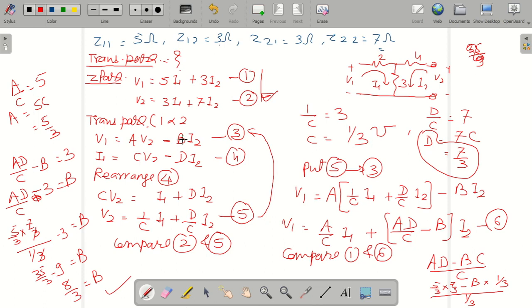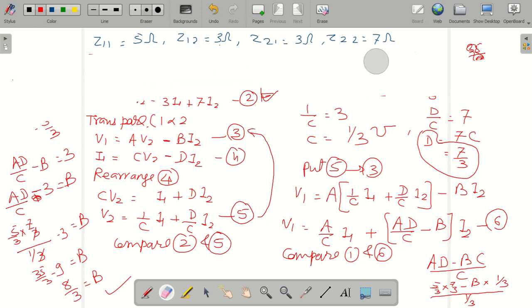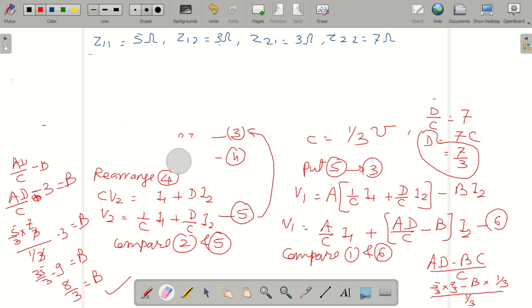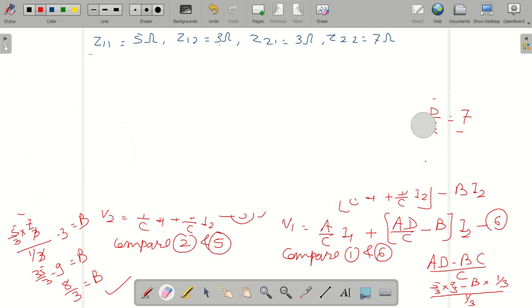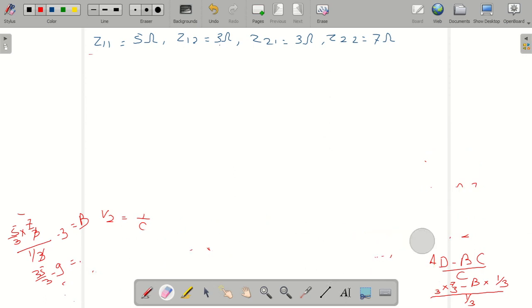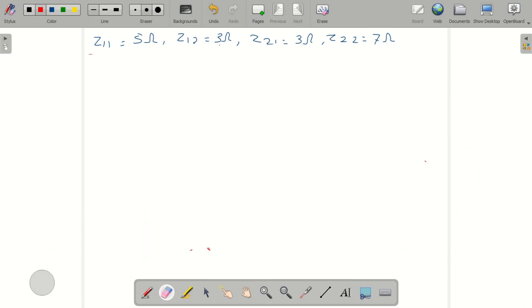So this is the way of getting the value of the transmission parameters. Now the last parameter we will try to get, that is the H parameter. We know the equations, right?